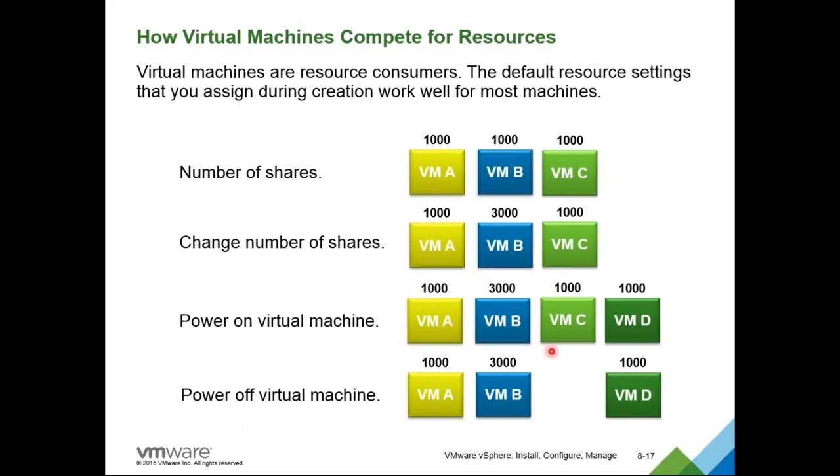From vSphere 5 onwards, your disk IOs also come under the shares, limits and reservation part, because there is an option called IOPS monitoring, and the IOPS performance feature is enabled from vSphere 5.0 onwards.